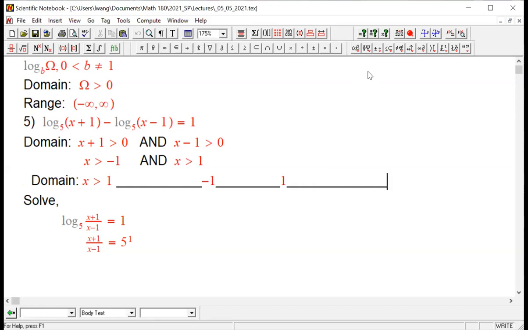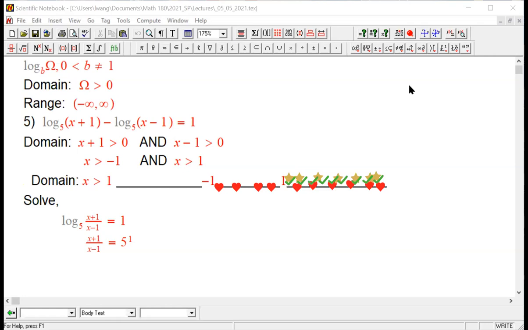So on the one hand, we need it to be greater than negative one, which is from here, and greater than positive one. And to make them both true, well, A and B is true only if both are true. Therefore, the final answer has to be just this part. Make sense?